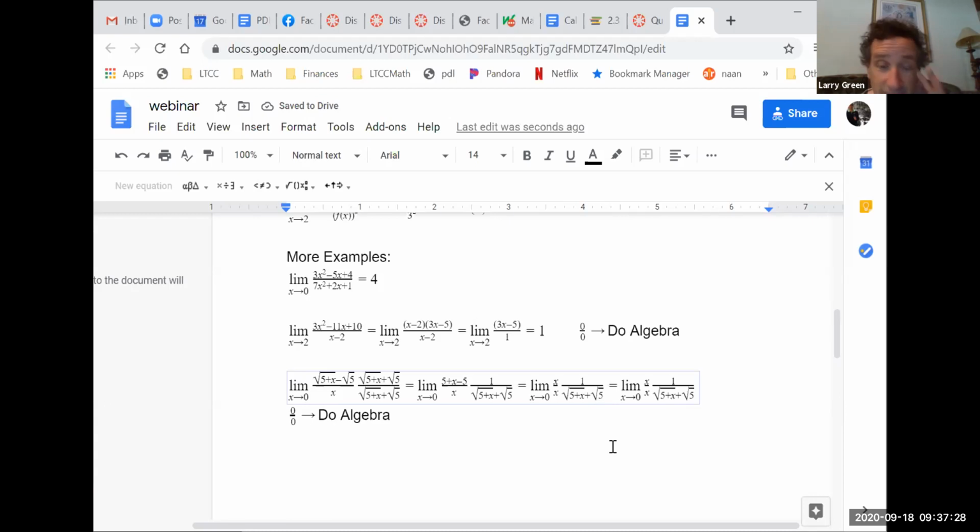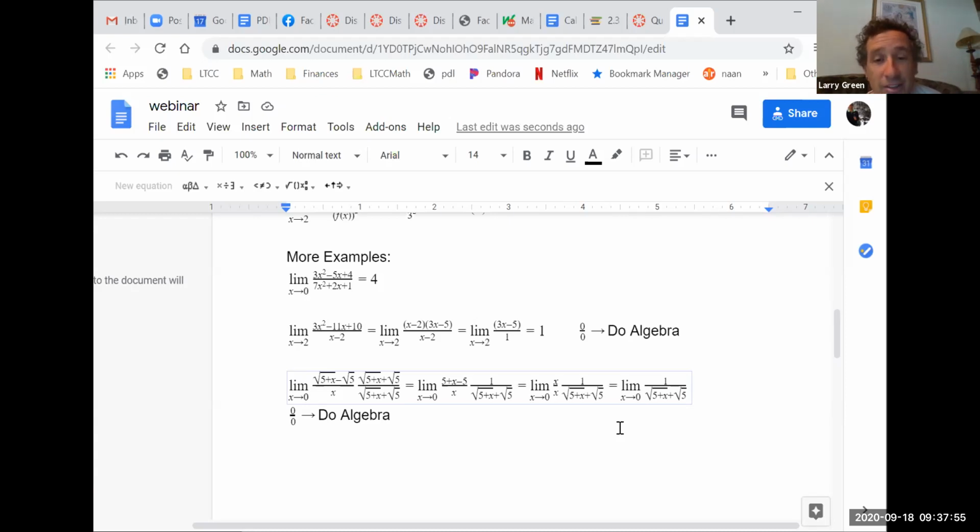What do you see there? Something very simple. That's a hint. Very, very simple. Look at the beginning of that expression. Yeah, I can cancel that x over x. X over x is just 1. So the x over x goes away.